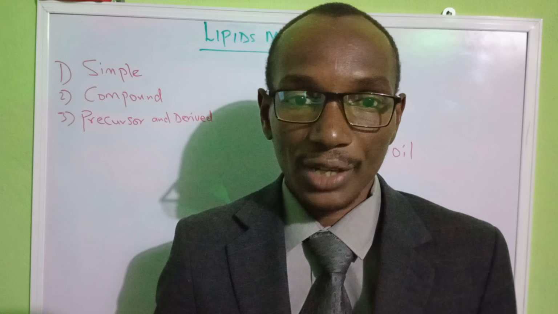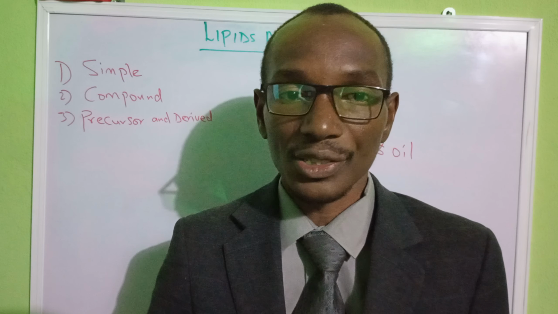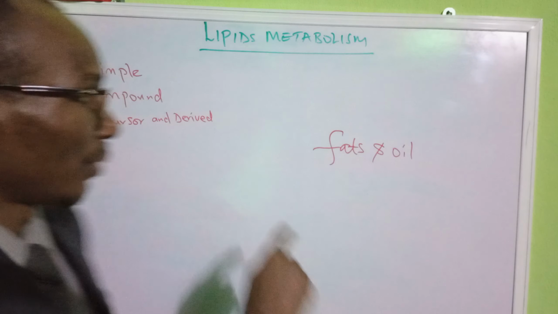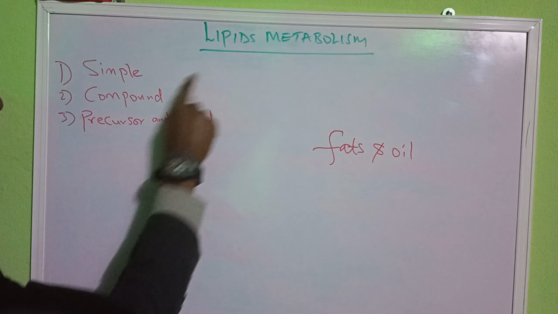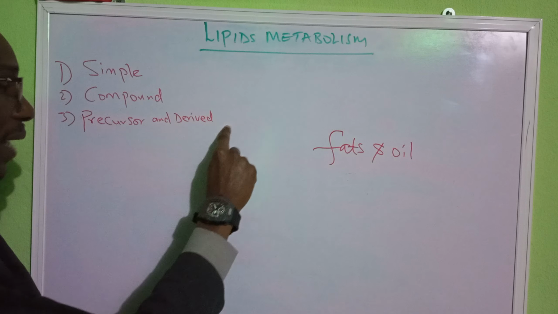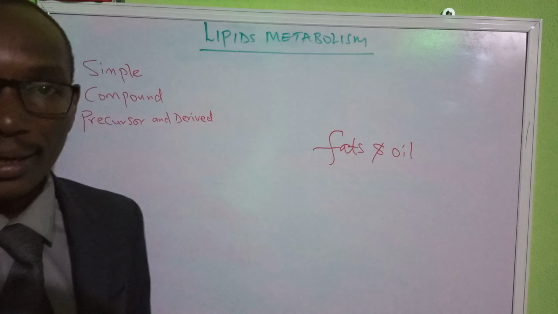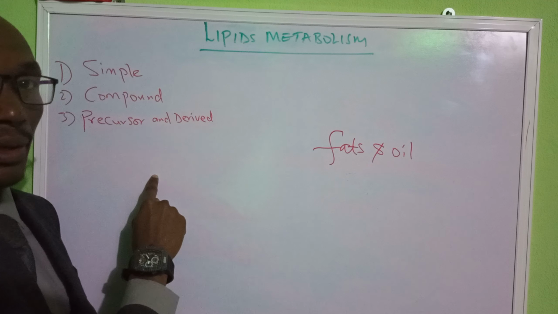Now, classification of the lipid. Lipid is generally classified into 3 groups: simple lipids, compound lipids, and then precursor and derived lipids. These are the 3 classes of lipid that we have.